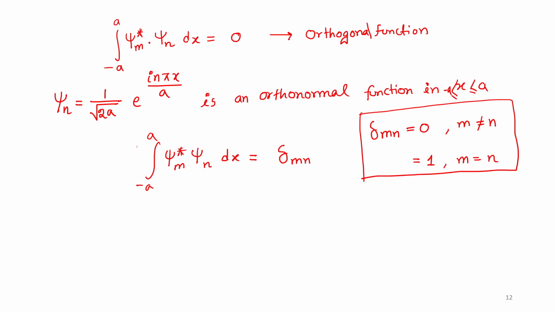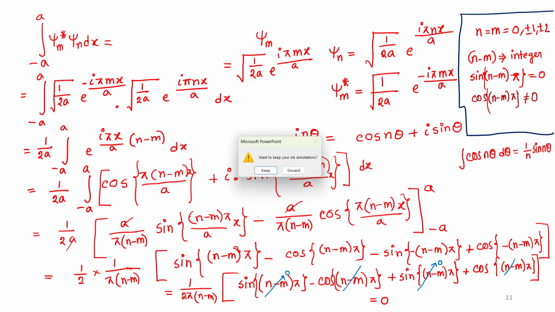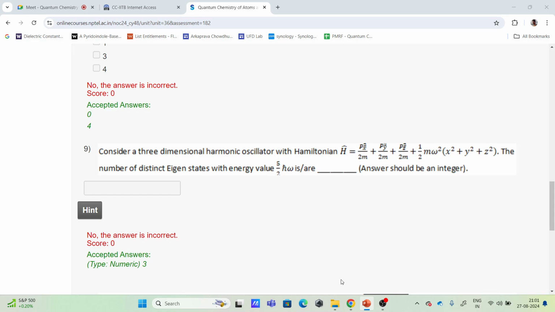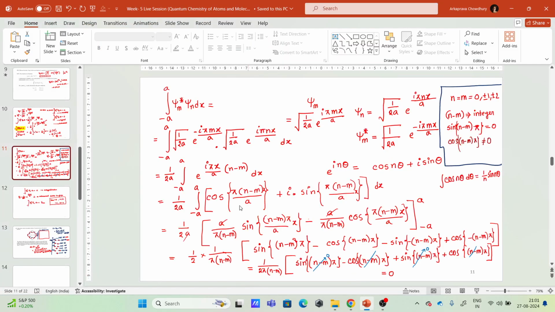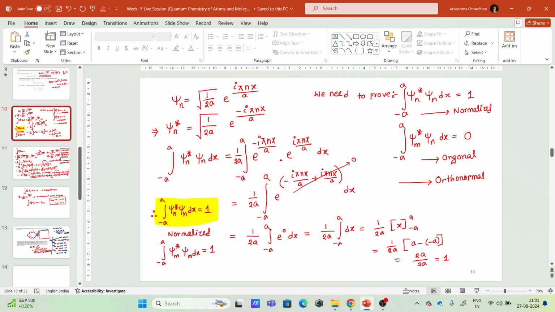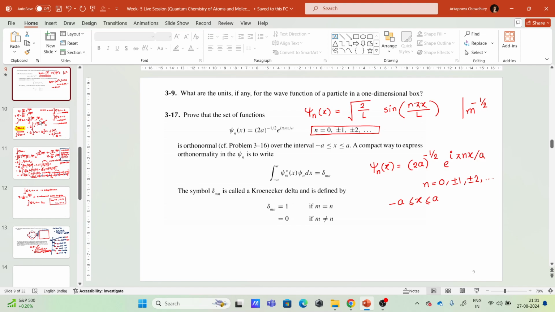Is there any doubt in this question? I know you didn't have an earlier idea what kind of questions we were going to discuss today, but I hope you got the gist of what we have done. We have solved some numerical questions from particle in a box and harmonic oscillator.